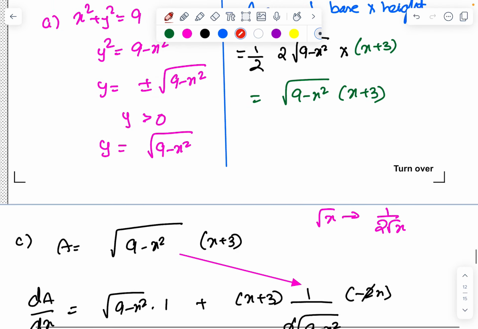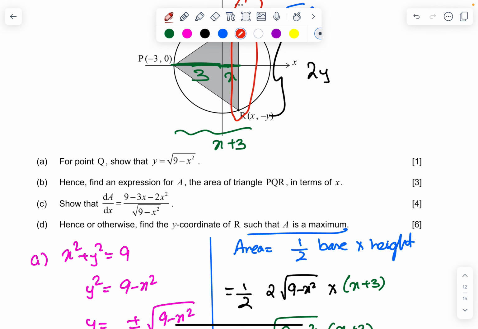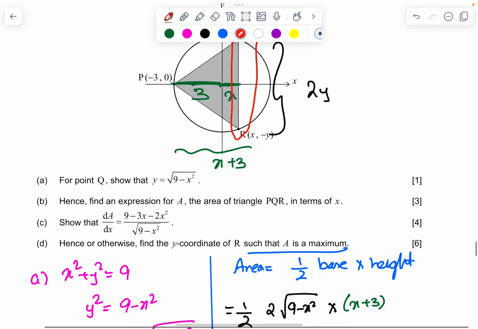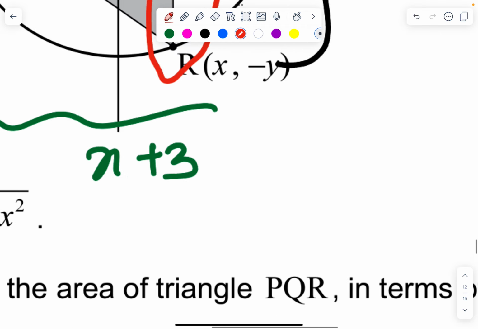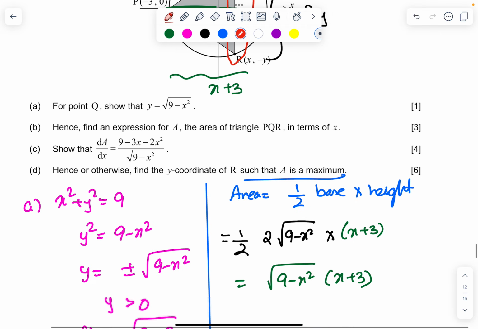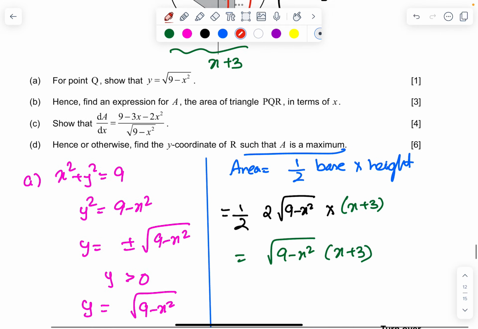Now the y coordinate of R such that A is maximum: where is R? R is in the fourth quadrant, so R is negative. Don't forget to write the minus over here, otherwise you tend to lose 1 mark. That's going to be the answer for question number 10.